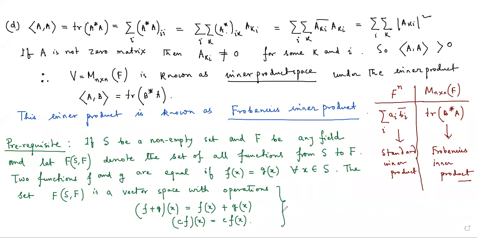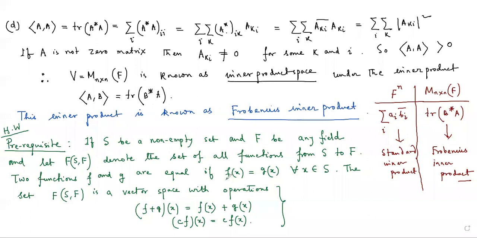First of all, if you have not done the problem earlier, this remains still as your homework: to check that this set F(S, F), which is the set of all functions from the set S to F, is a vector space.